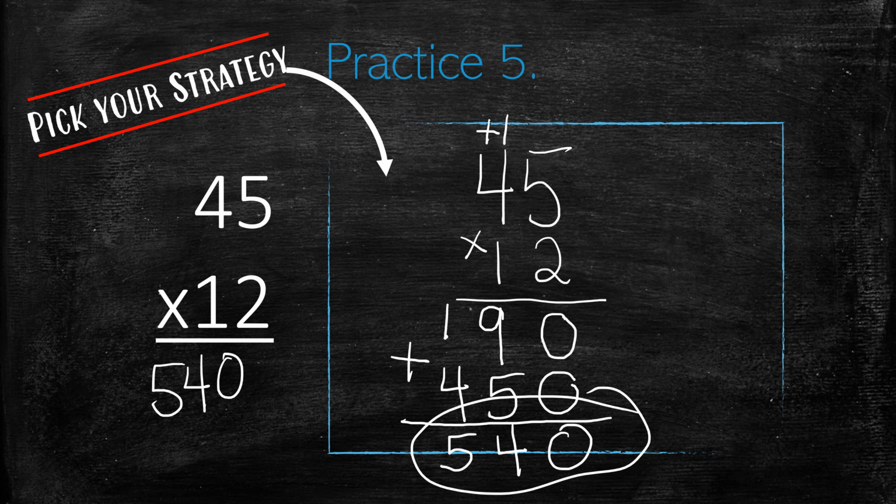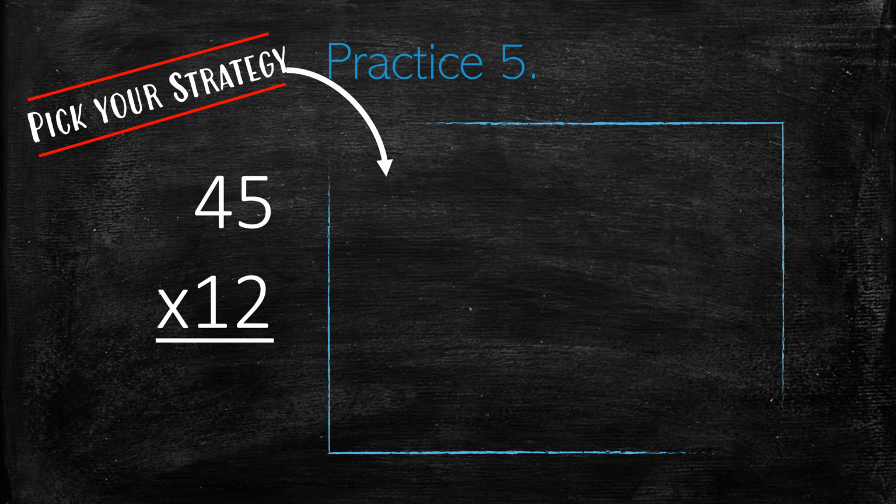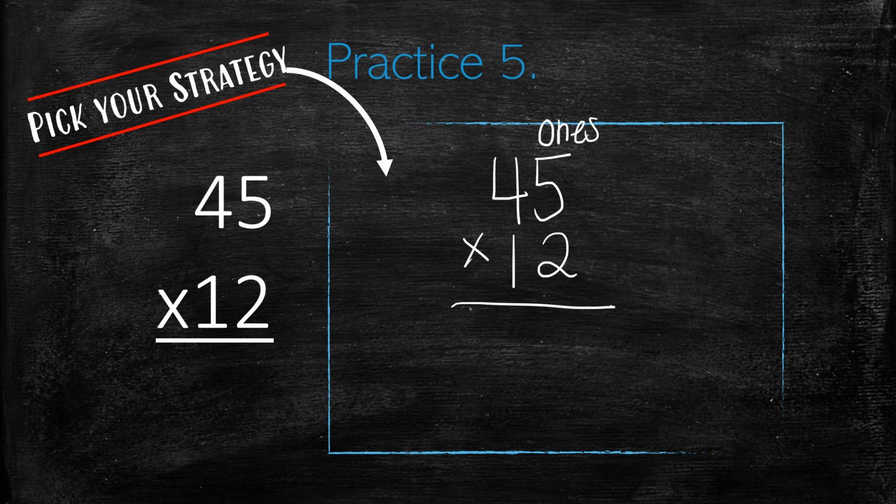So now let's see how it would be for partial product. Now with partial product, it's all about the place value. So I'm going to go ahead and rewrite 45 times 12. Okay, remember 5 and 2 are in the ones place. 4 and 1 are in the tens place.